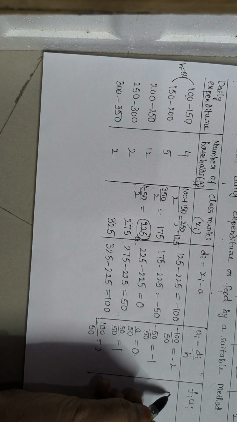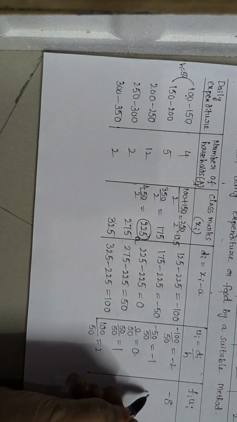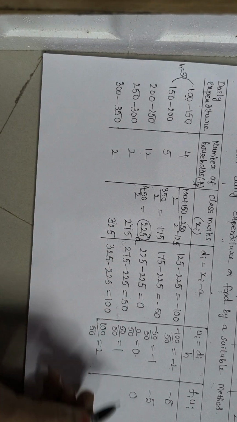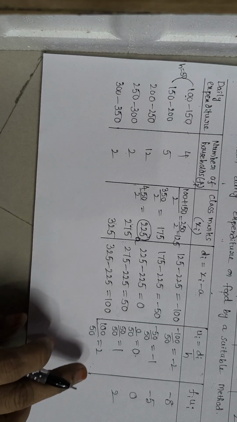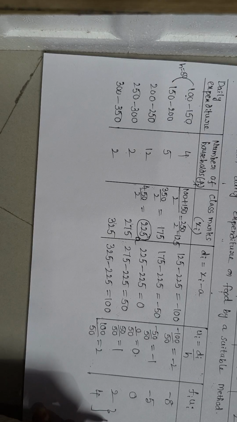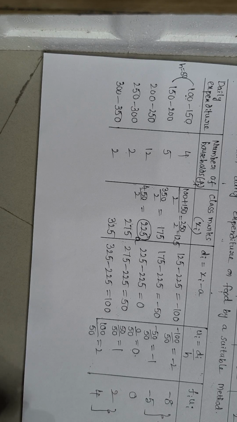Now multiply 4 with minus 2, which is equal to minus 8. 5 ones are 5, minus 1s are minus 5. 12 zeros are 0. 2 ones are 2. 2 twos are 4. By adding these two, we get 6. By adding these two, we get minus 13.